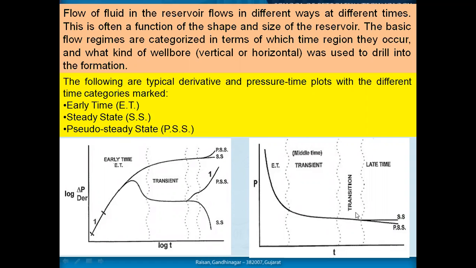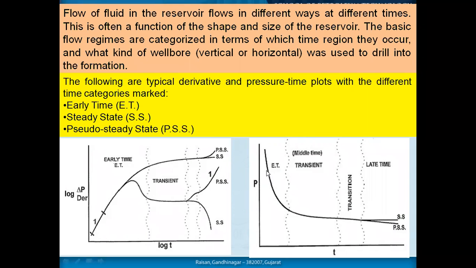So generally in most cases, delta P and the pressure derivative are used to identify a specific domain and how their behaviors are. We need to understand the physical phenomena around the wellbore, how the pressure response would be reflected on the flow.